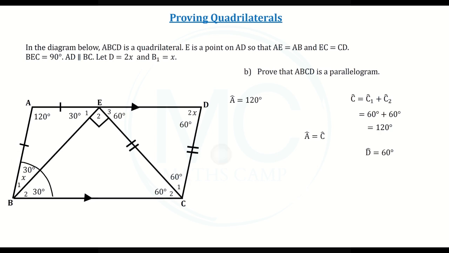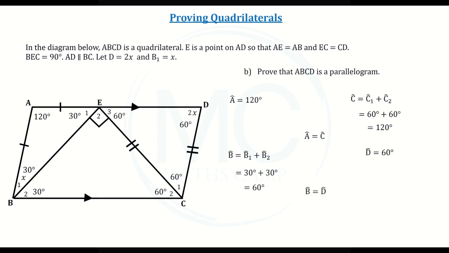So we can say angle B is equal to angle B1 plus angle B2. From the diagram, we can see that both B1 and B2 are 30 degrees. So we can say 30 plus 30, which gives us a total of 60 degrees. Angle B and angle D are 60 degrees. So we can see that angle B is equal to angle D.